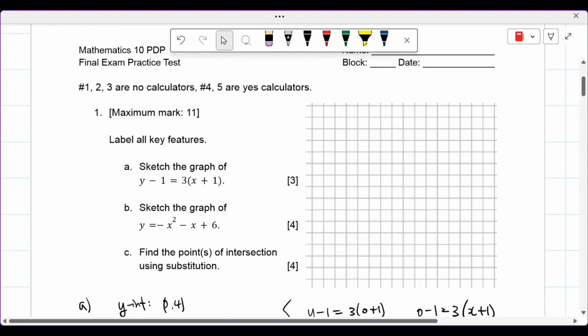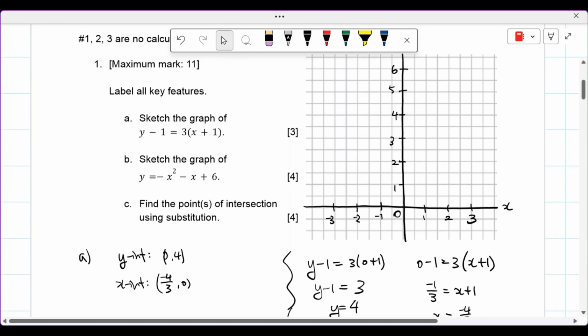So I think I can graph my axis probably like here for my x, and then let's go like this for the y. Okay, so now let's plot the points.